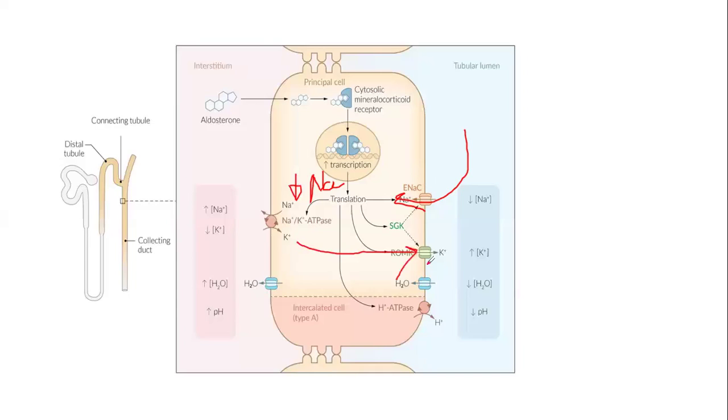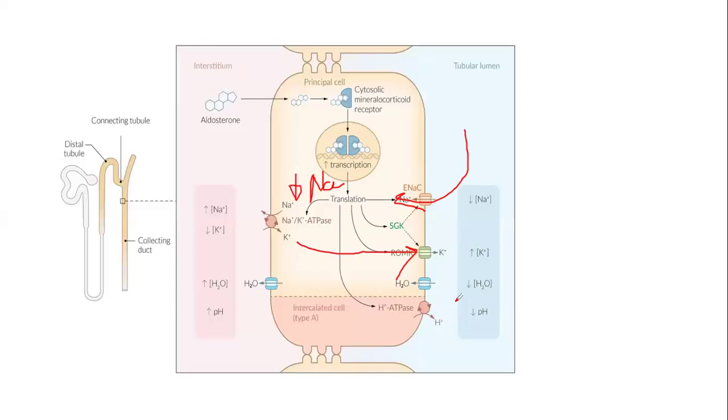And as you all know, water follows sodium. So wherever sodium is going, water will follow it. Not only that, translation of hydrogen ATPase pump will also occur. This will allow the hydrogen excretion.